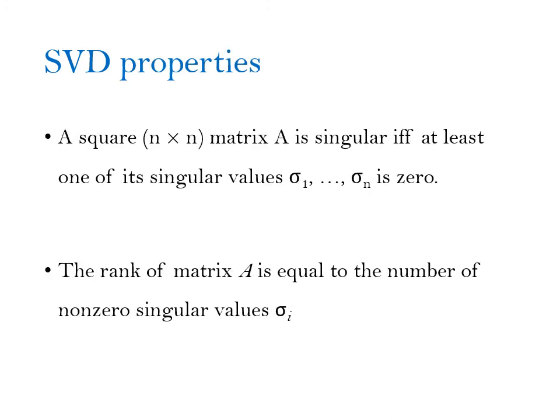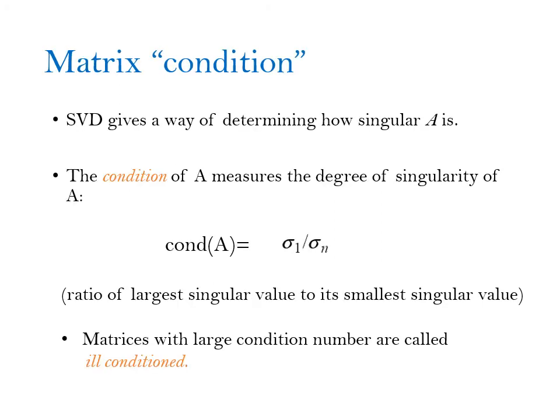A square n by n matrix A is singular if and only if at least one of its singular values is 0. The rank of a matrix A will be equal to the number of non-zero singular values.